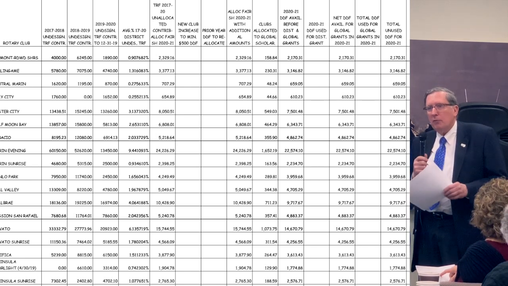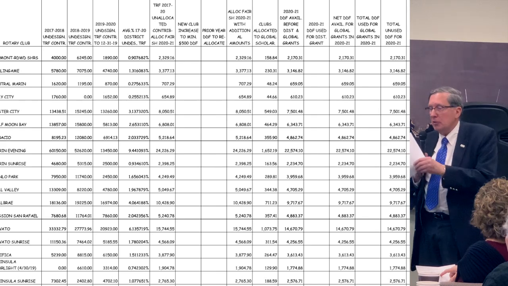Now, one of the things you need to understand in terms of the economics here: if you do a district grant, you are essentially getting back half of what has been contributed in the past. If you do a global grant, you're really getting back 100% of what's been contributed in the past, because half of it is coming back through DDF, but the other half is coming back through the World Fund's match of that DDF.